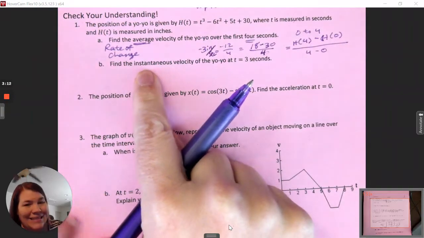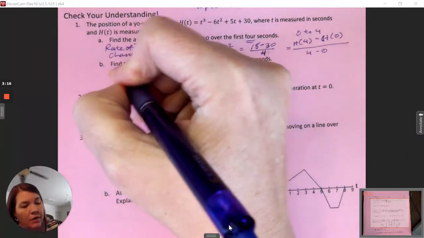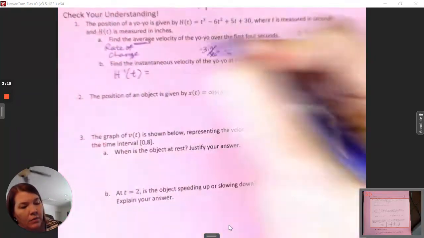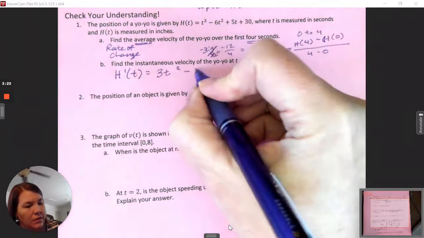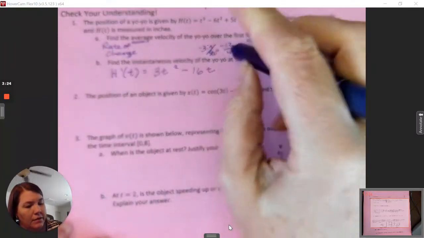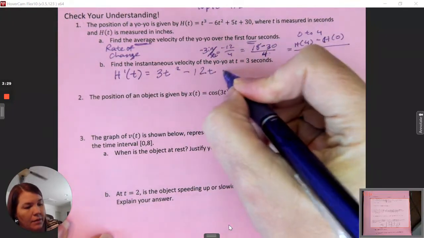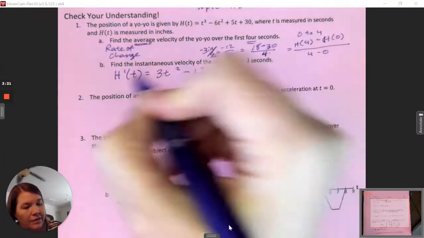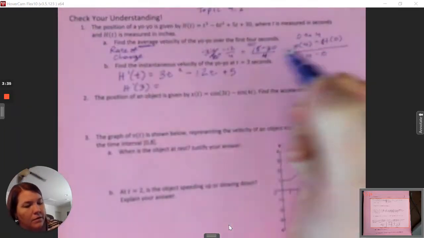Then it wants me to find the instantaneous velocity at 3, which means I need the derivative. So h prime of t equals 3t squared minus 12t. That is not a 12. Plus 5, and then I need to evaluate it at 3.